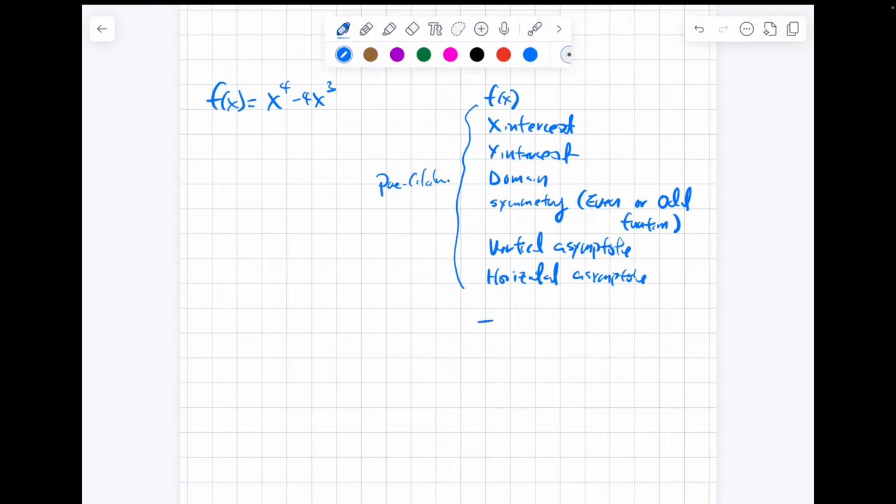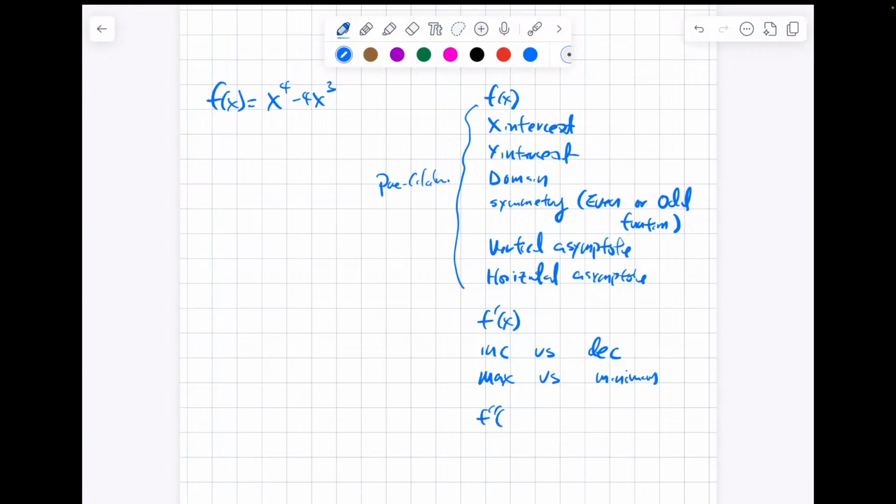Okay, let's go to f prime of x. With f prime of x, you can tell increasing versus decreasing, so which region is increasing and which region is decreasing. And you can tell the maximum versus the minimum.